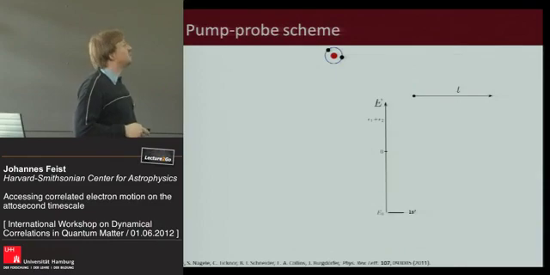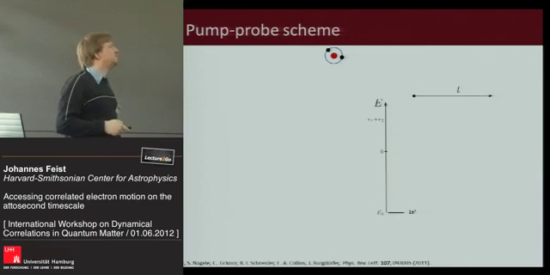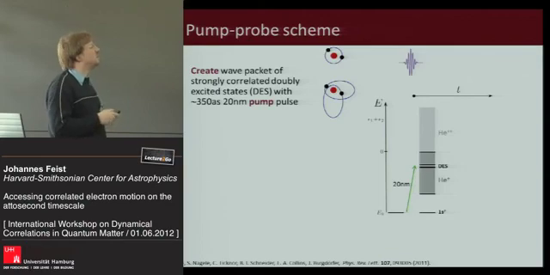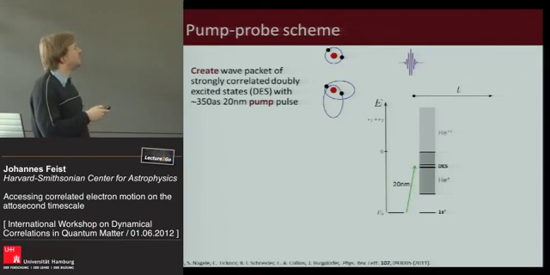And the scheme that we want to use, the simple idea for probing this, is really straightforward. You pump them, you use an attosecond pulse with a photon energy or wavelength that's tuned to a transition to more or less the first doubly excited states in helium. And if this is broad enough, you create a wave packet of these doubly excited states.